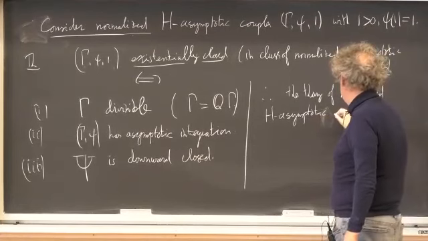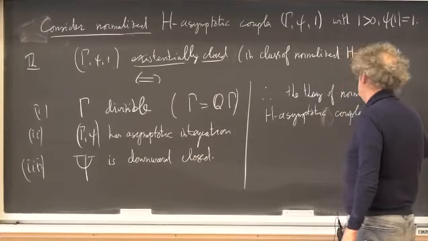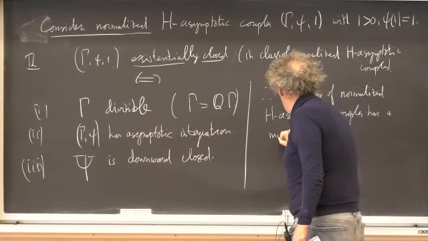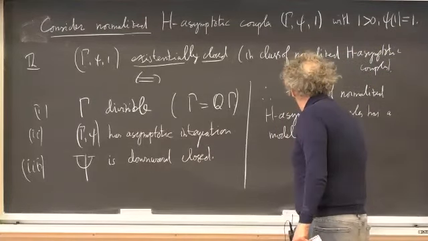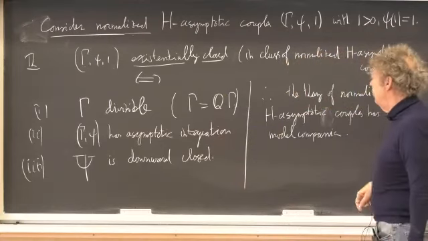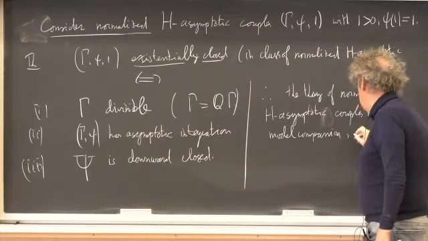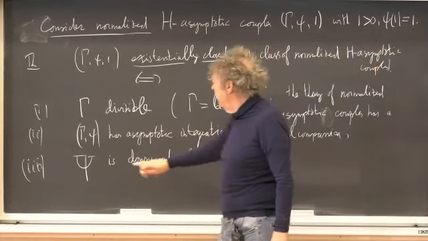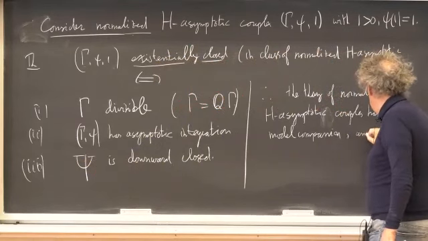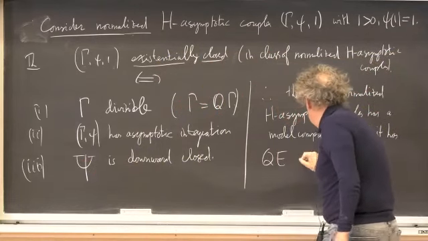The theory of normalized asymptotic couples has a model companion, whose models are the ones that satisfy these extra conditions, and you will even have quantifier elimination once you add a predicate for the psi set. Yeah, it has QE, quantifier elimination, after adding a predicate.